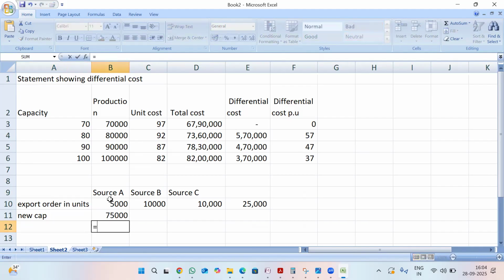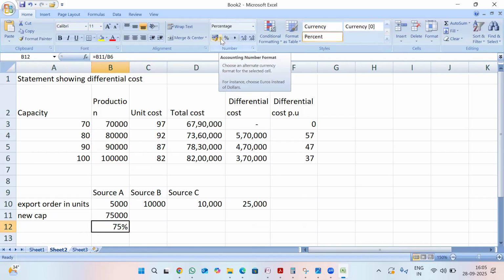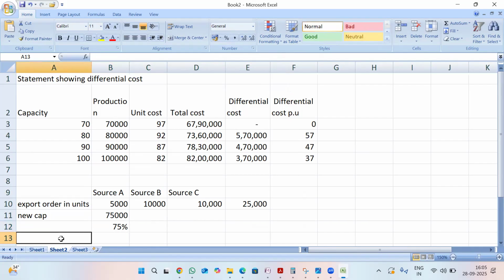That means 75 divided by 1 lakh units, so 75 percentage. I'm going to operate at 75 percentage. So at this stage, my differential cost for producing one unit is 57 rupees.